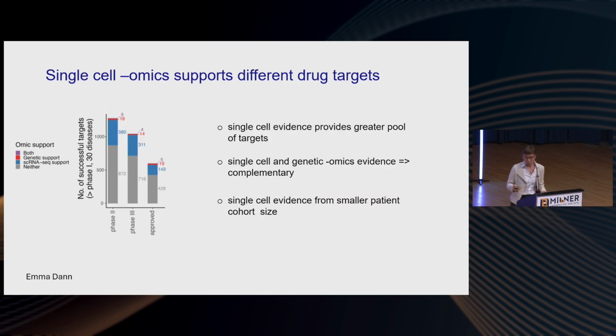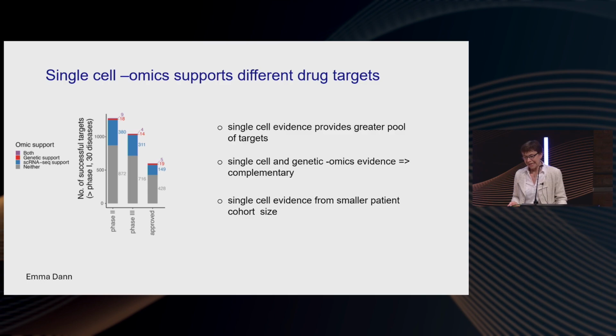And what's also very nice to know is that single-cell omics provides a greater pool of targets than genetic data. So here is just a graph of clinical targets which are greater than phase 1 for the 30 diseases that she had picked out to study. And what you can see here is that in red at the top, we have the targets with genetic support.